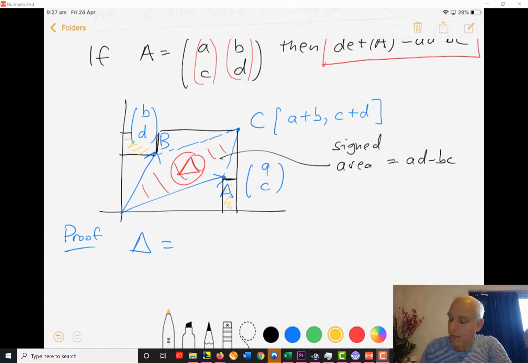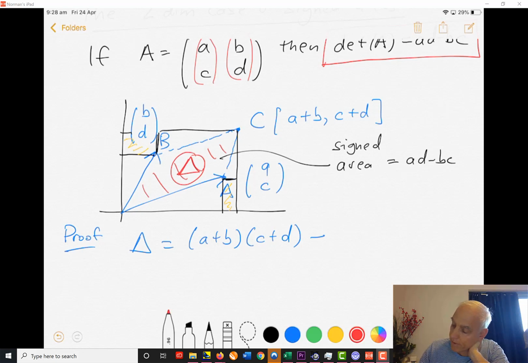Okay, so the area of the parallelogram is going to be the big rectangular area, which is the product of the base A plus B times the height C plus D, and I have to subtract some things. Okay, so let's subtract.